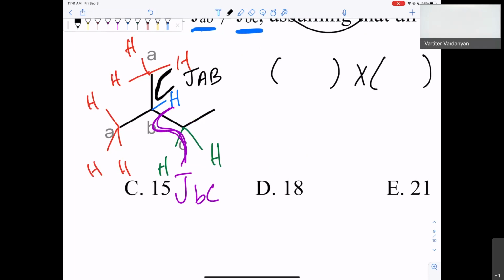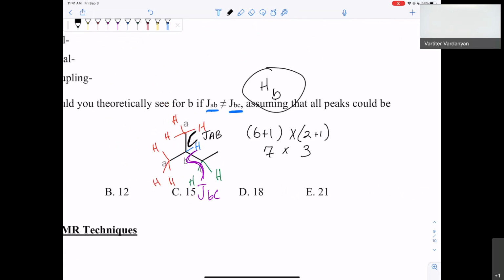Eight, exactly. But we have to count them as separate. So how many red neighbors do we have? 6 plus 1. How many green neighbors? 2 plus 1. 7 times 3. Simple math. 21.